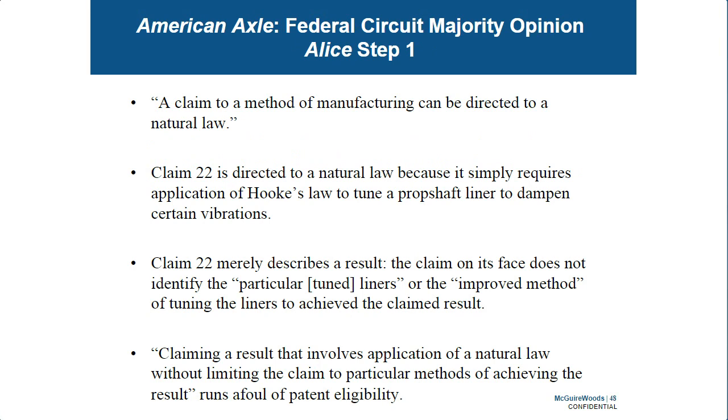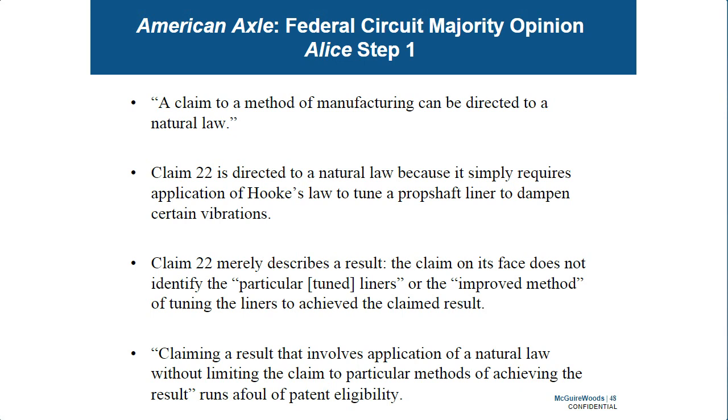The Federal Circuit actually agreed. Okay, the Federal Circuit said a claim to a method of manufacturing can be directed to a natural law, right? Claim 22, which is the claim at issue, is directed to a natural law because it simply requires application of Hooke's law to tune a prop shaft liner to dampen certain vibrations.